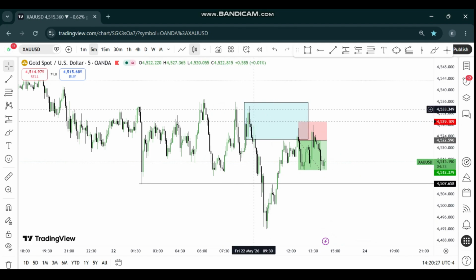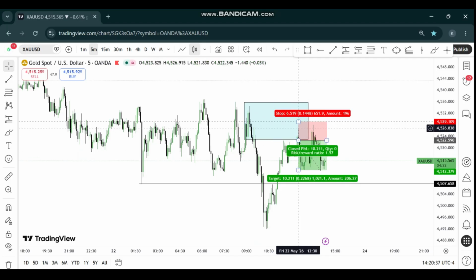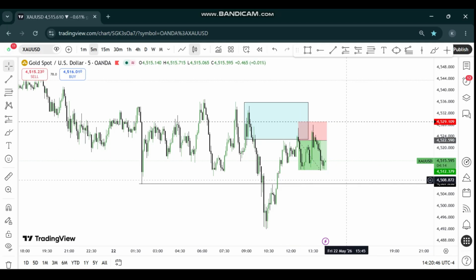I have my resistance slash supply zone marked up here, and when the price came up here on the 1-minute, it gave us a price action candlestick pattern. I entered with the idea of it going in that direction for a sell.